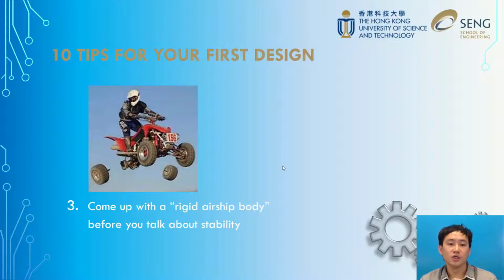It will always move during the journey. Then it becomes very difficult for you to understand and predict the response of your system. So make sure that your system is strong and rigid enough that it will not deform significantly throughout the whole journey.